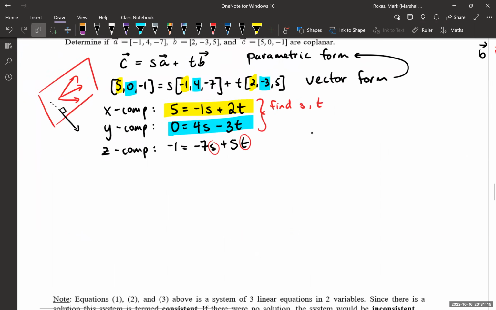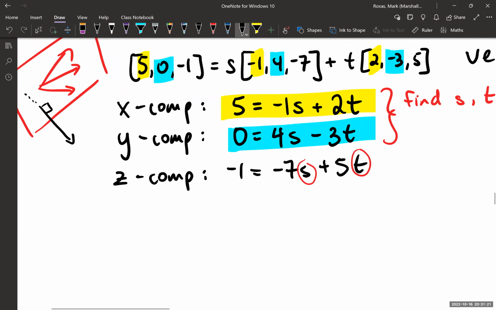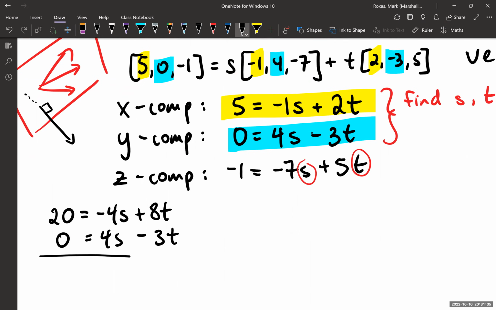Let's solve the first 2 equations, the yellow and blue equations. What if I multiply the first equation by 4? Then 20 equals -4s plus 8t. I rewrite the second equation, 0 equals 4s minus 3t. If I eliminate s by adding both equations, -4s plus 4s is 0.